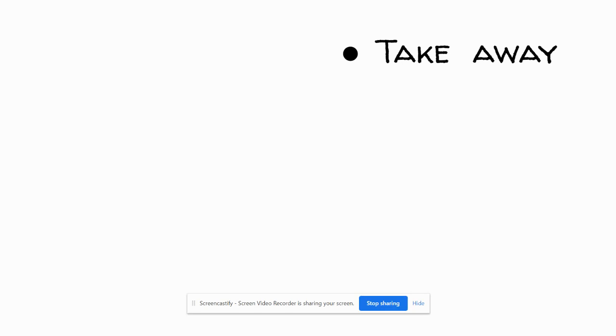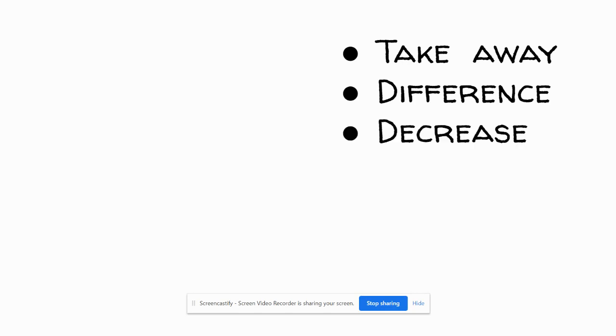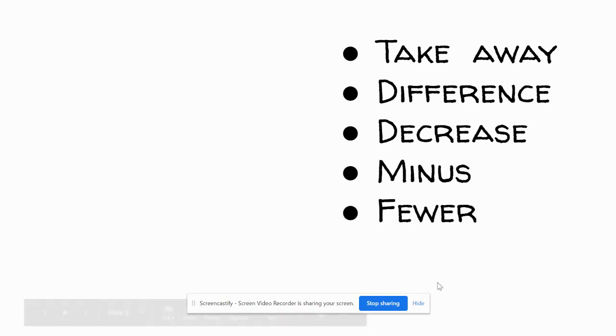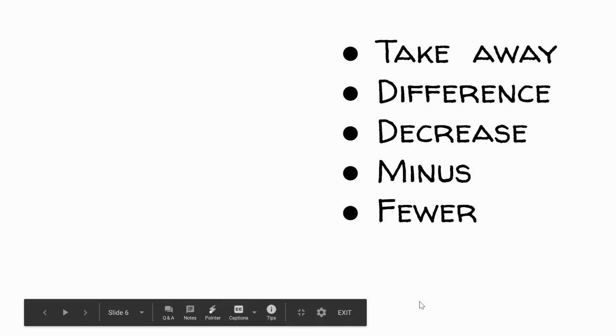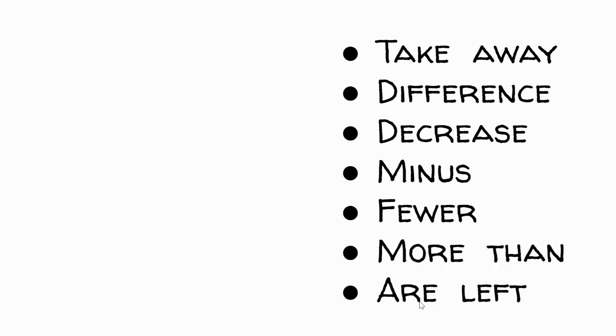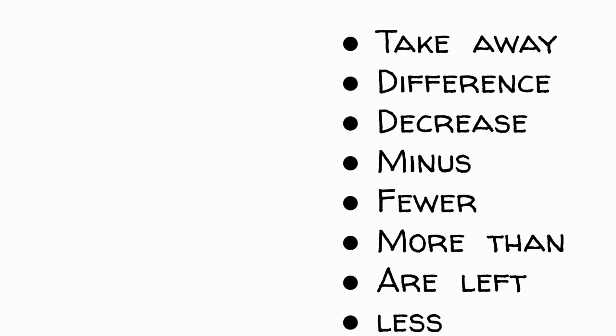I just want you to go over it and rethink the meaning of each of these phrases. So we have take away, difference, decrease, minus, fewer, more than, are left, and less.